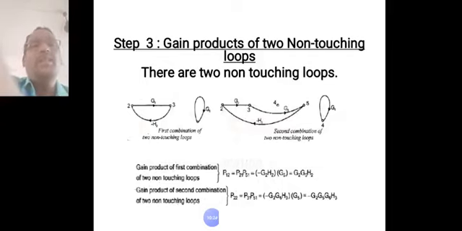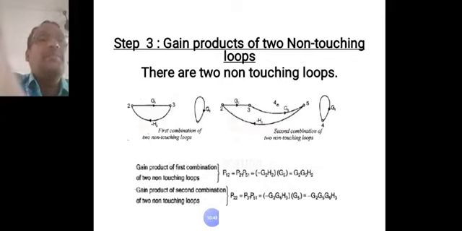The second combination of two non-touching loops is given by P22. That is the gain product of P31 and P51. These two loops are not touching each other. So its gain will be the product of the gain of the two individual loops, P31 and P51.